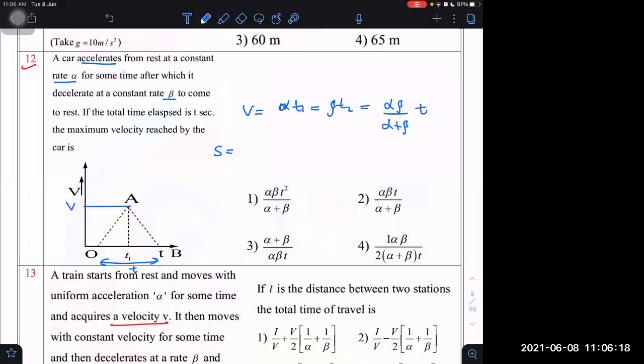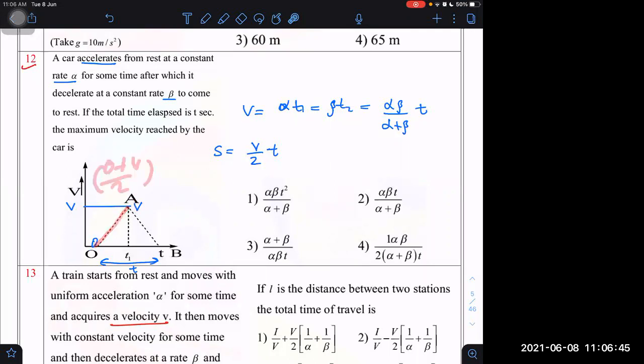This V by 2 is average velocity. I have told you before that whenever the graph is linear, like a straight line, then if initial velocity and final velocity are known in any interval, the average velocity will be initial velocity plus final velocity divided by 2. In this case, 0 plus V by 2 is the average velocity for the first interval.